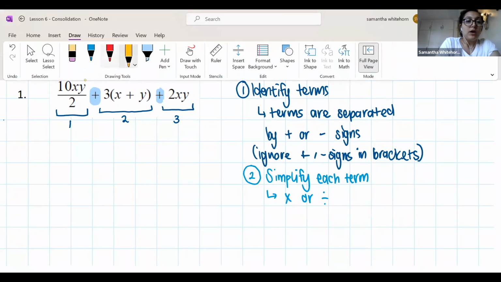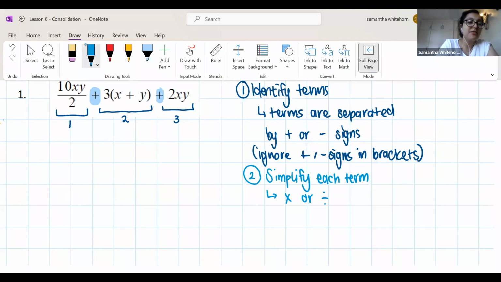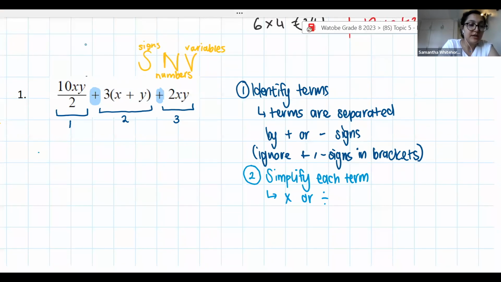Remember, when you are multiplying or dividing, we can use SNV. Remember, SNV is signs, numbers, variables. If we do our multiplication and division in that order, we should get our multiplication and our division correct. A positive divided by positive is a positive.